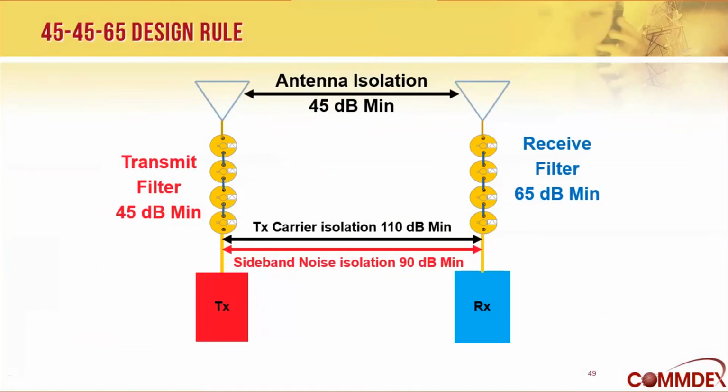On the receive side, we try to filter out the transmit frequency on the order of about 65 dB. And then for the antennas, we try to separate them enough in either horizontal or vertical space to achieve at least 45 dB isolation. So that's just a rule of thumb that is used. Everything's not hard and fast, but those are the kind of numbers we look for typically.